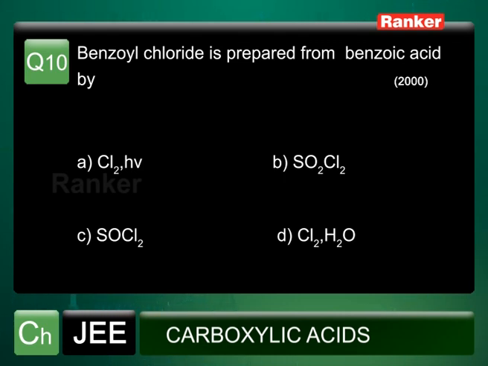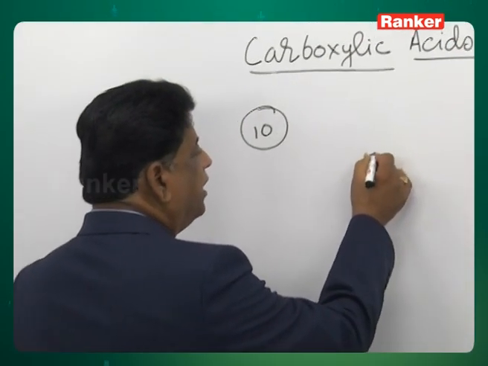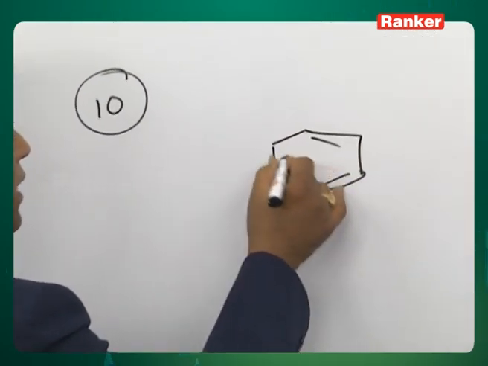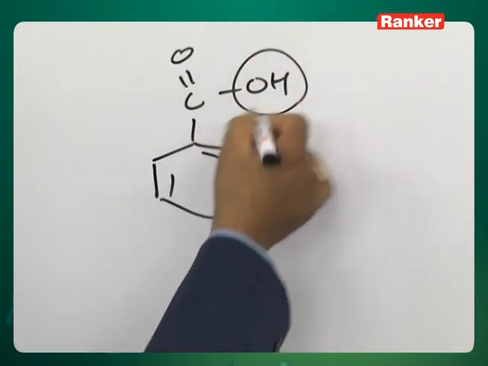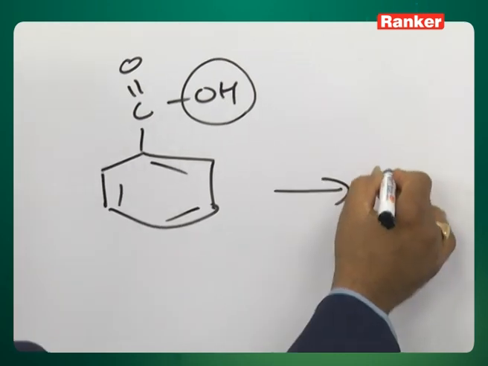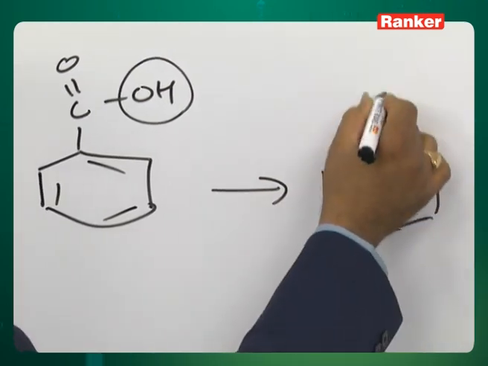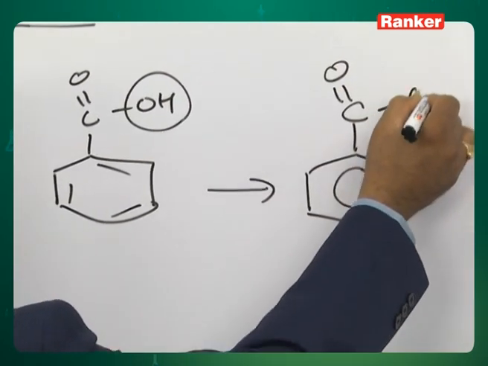No doubt all these are chlorinating agents and benzoic acid is going to become a chlorinated product. But what is benzoic acid? Benzoic acid is benzene having a C=O and the OH. Here this OH is going to become chloride.